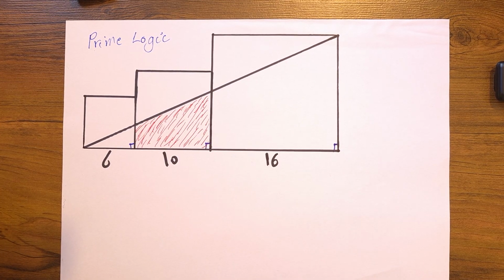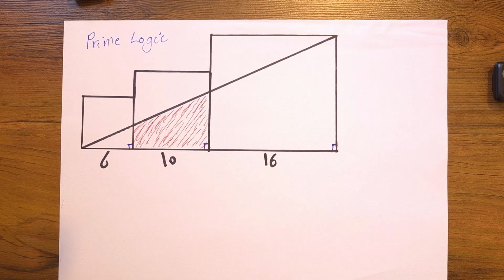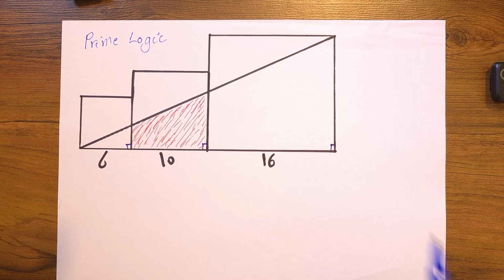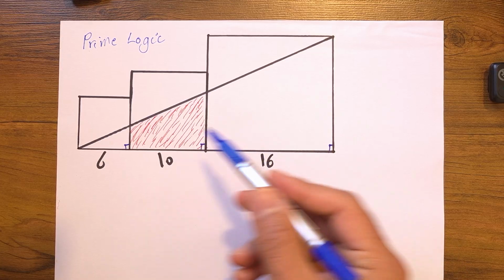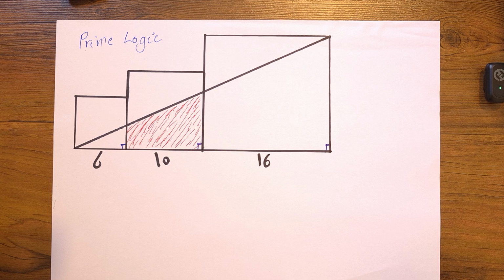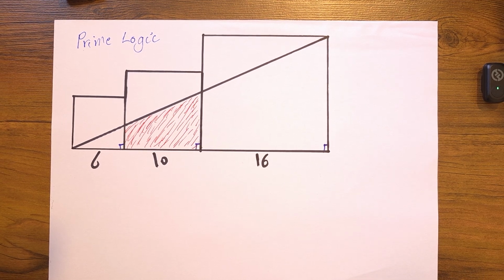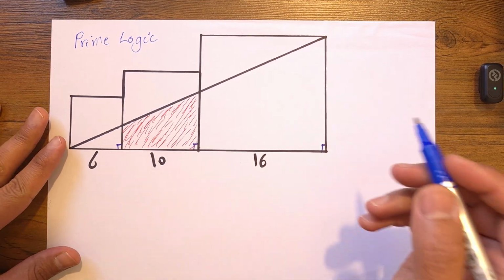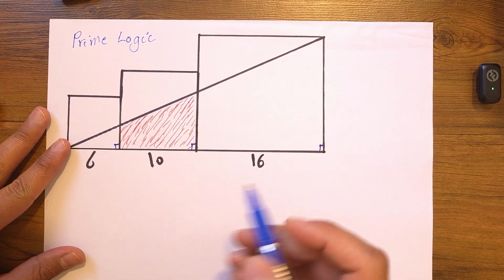So let's start. It's very easy. I think there are a lot of ways you could solve it: comparison of triangles, a coordinate system, and many others. So what is the area of the trapezoid? A trapezoid has two parallel sides.